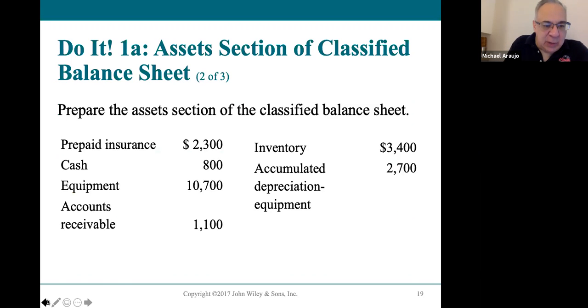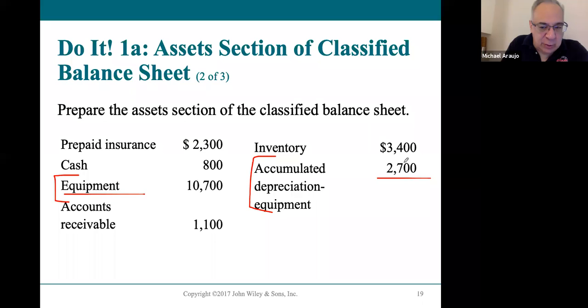And then as we go back here, we know that property, plant, and equipment and accumulated depreciation for equipment are PPE accounts, property, plant, and equipment accounts. Equipment would go first. Accumulated depreciation for equipment would show how much of that equipment we have already expensed through depreciation. The difference in those two numbers is the book value.